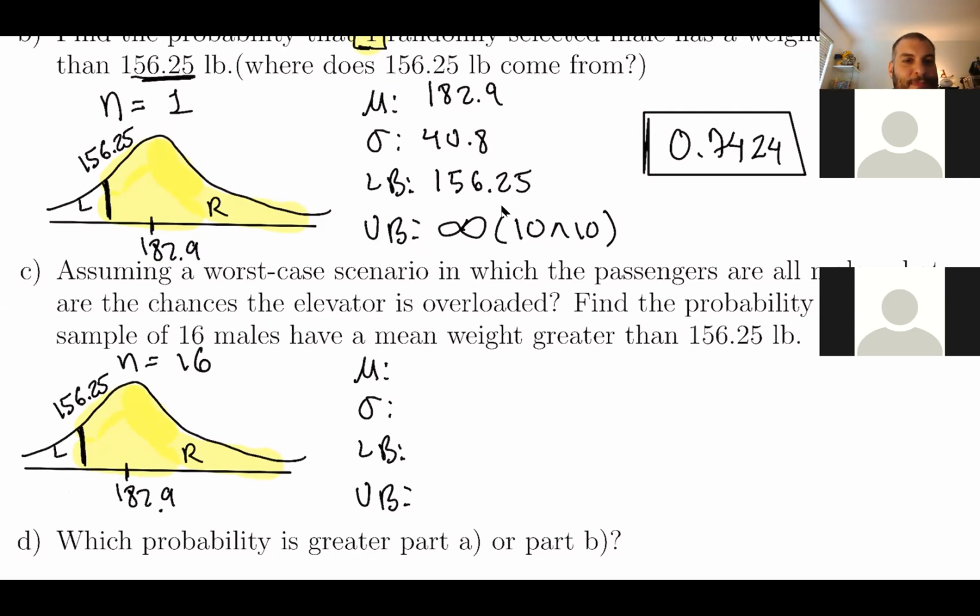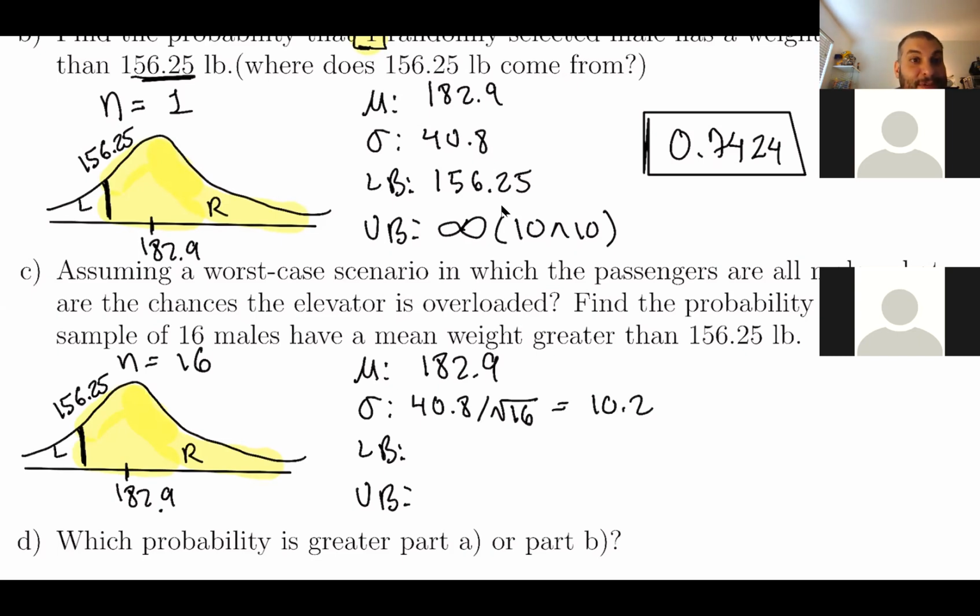What's my mean for part C? 182.9. Perfect. What's my standard deviation for this one? For this one, you need to adjust the standard deviation because now we don't have a sample size of 1, we have a sample size of 16. It's 10.2.